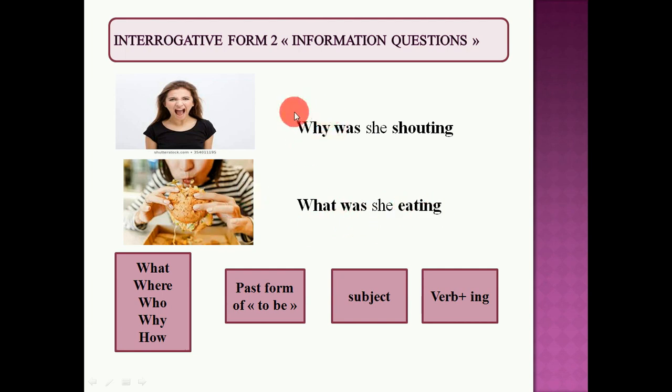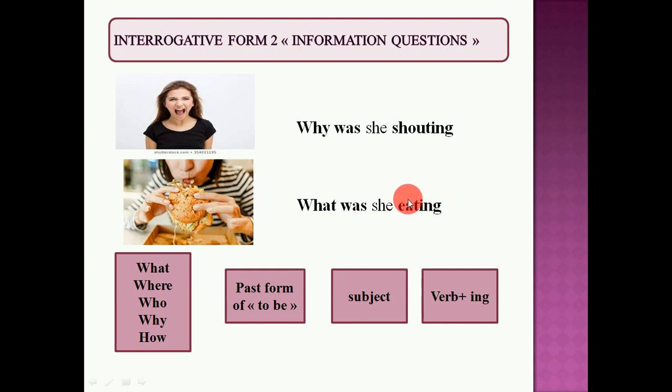So هنا وش تلاحظوا: the WH word plus past form of to be plus subject plus verb plus ing, يعني the ing form of the verb.